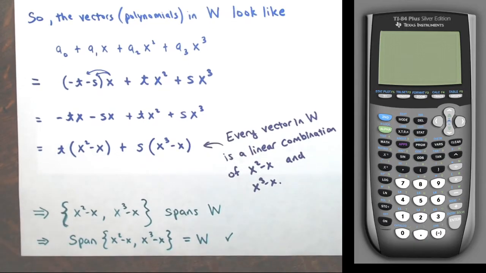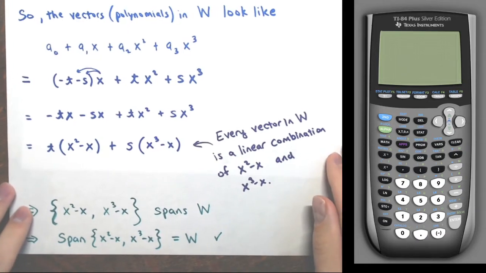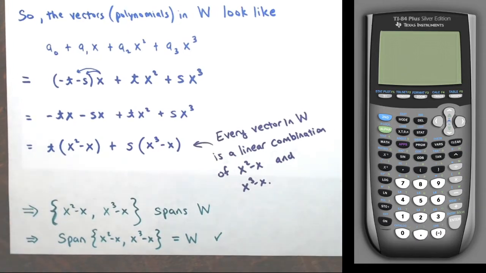And now the question becomes, yeah, the set spans W, but now the question becomes, is this set of vectors independent, right? And I've done plenty of other things on independence, checking for a set is independent.